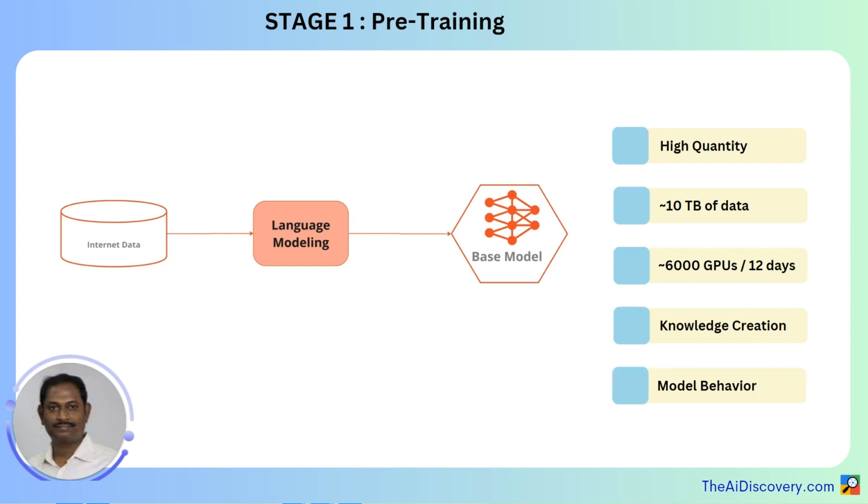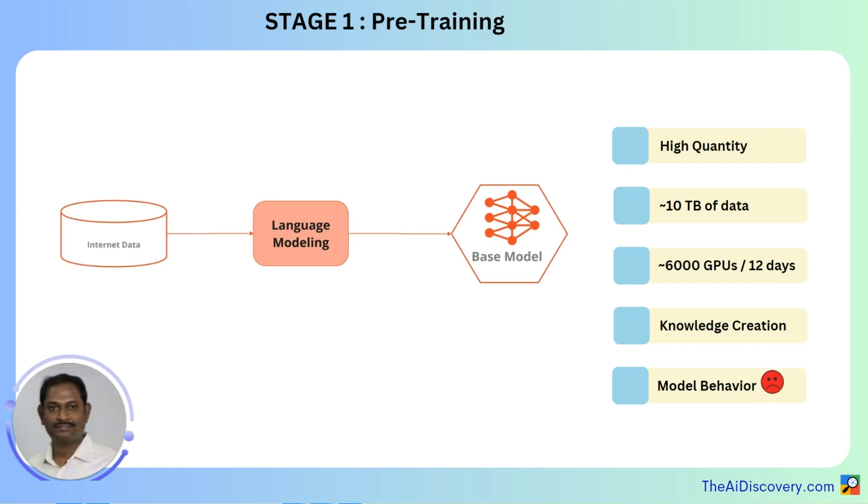The main priority is to make the model understand language as well as knowledge. If you consider the model's behavior with respect to conversation, it's very random and not polite. It will be very raw and rude, so it needs further fine-tuning.